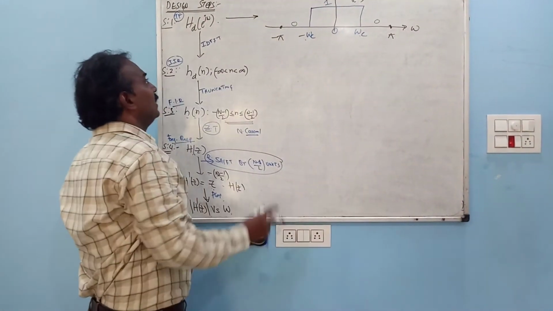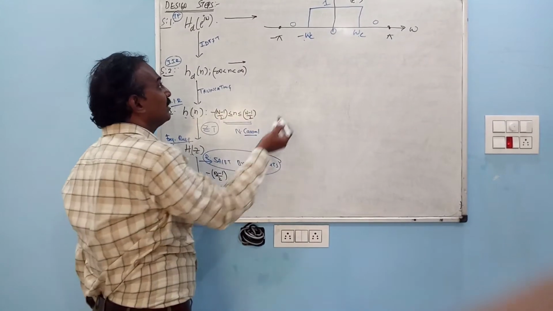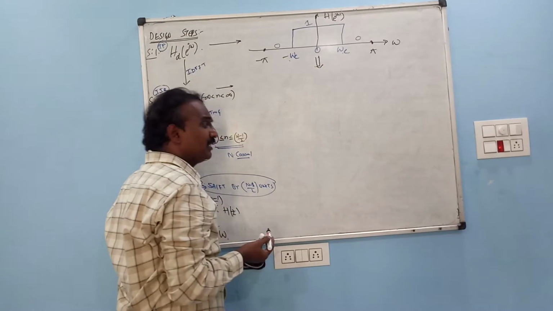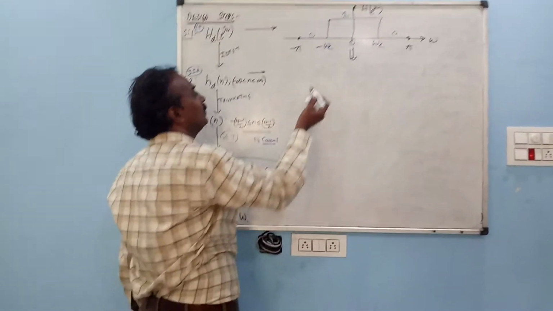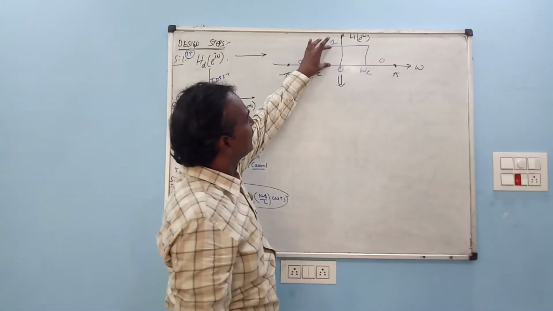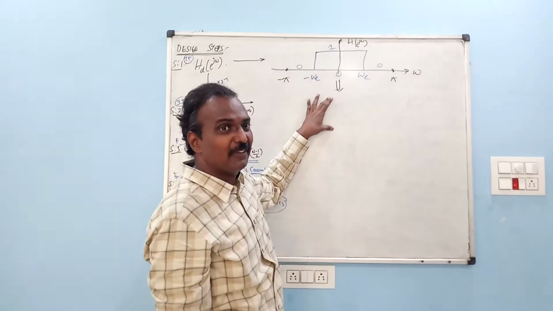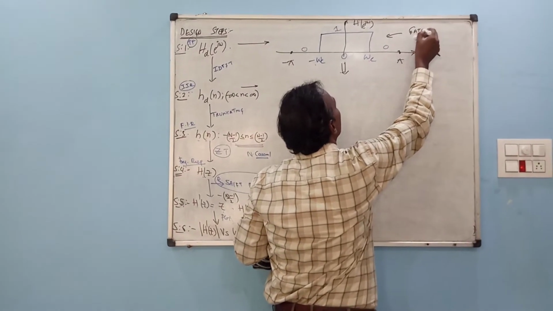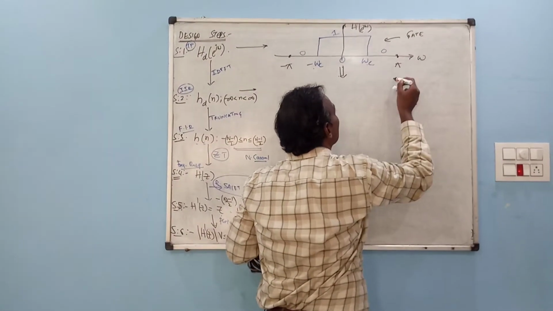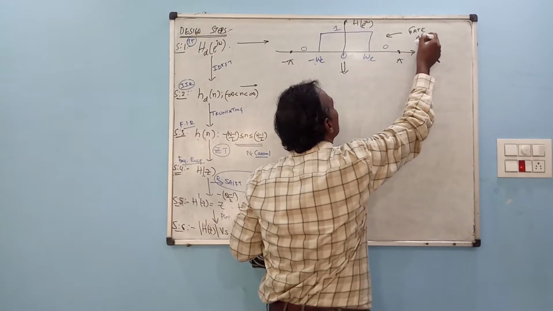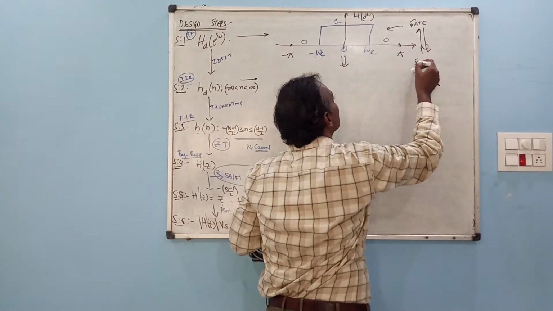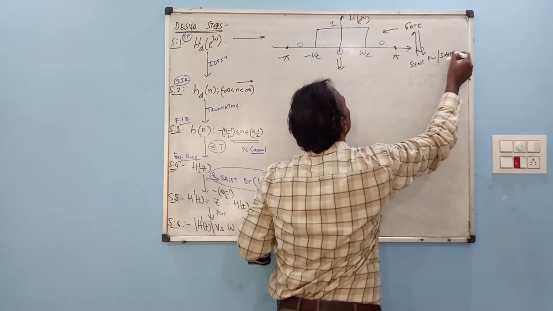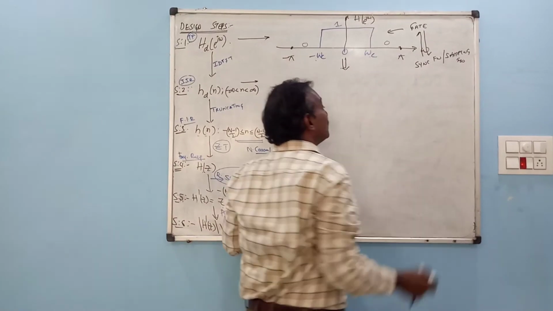Now in the second step, we apply the inverse discrete time Fourier transform to this transfer function. We know this is a gate function, and the gate function forms a Fourier transform pair with the sinc function, or I can say the sampling function.